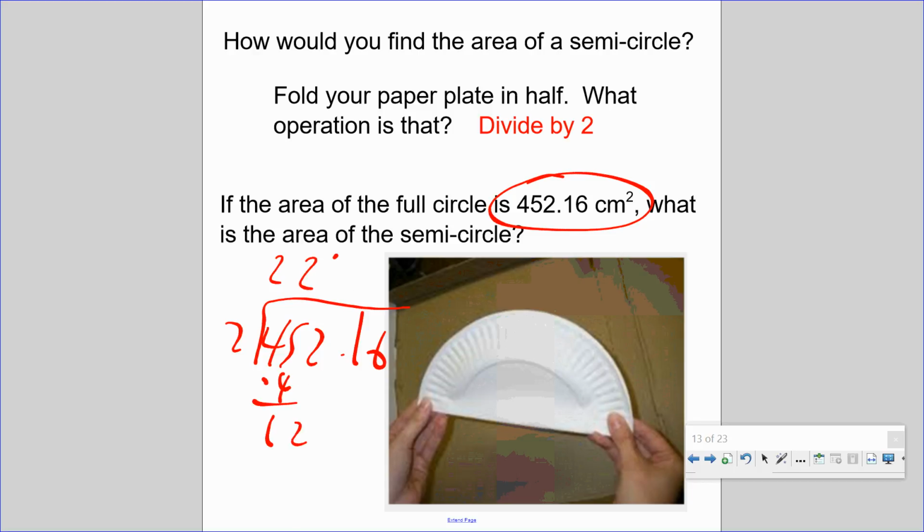Can 2 go into 12 6 times? Can 2 go into 1 0 times? Can 2 go into 16 8 times? So the area of the semicircle is 226.08 square centimeters.